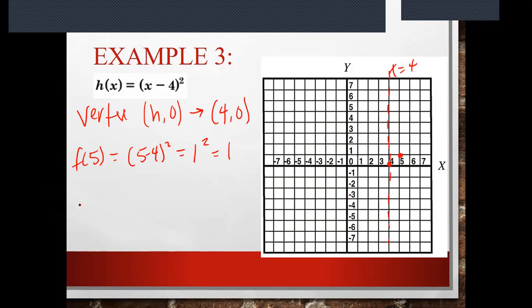And then f of 6 equals 6 minus 4 squared, which is 2 squared, which equals 4. So at 6, I'm here at 4. Cool. I'm going to reflect over. 1, 2, 1, 2, 1. And connect.